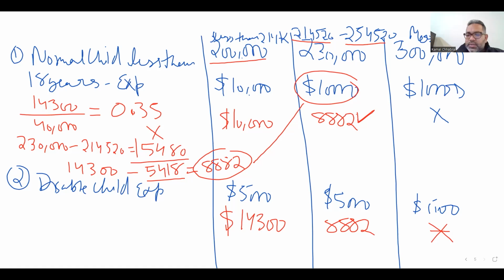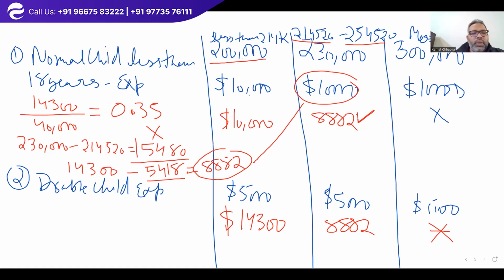Can you explain in a little more detail how 8,882 came? No, we have calculated it just here. So 14,300 divided by 40,000 means that for every dollar your income increases, your eligibility is reduced by 35 cents.